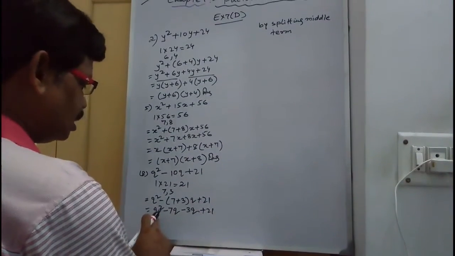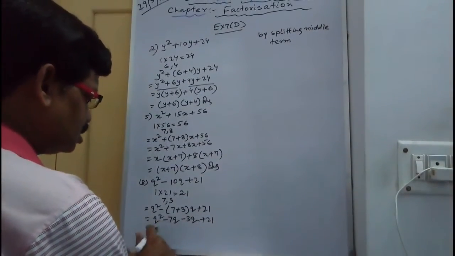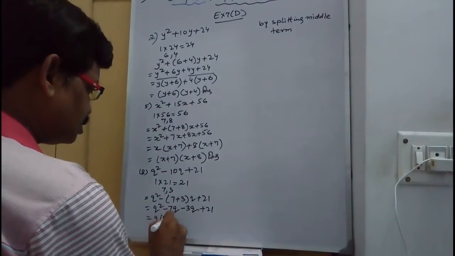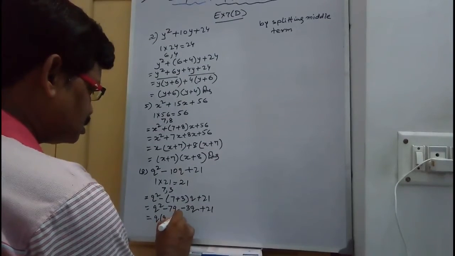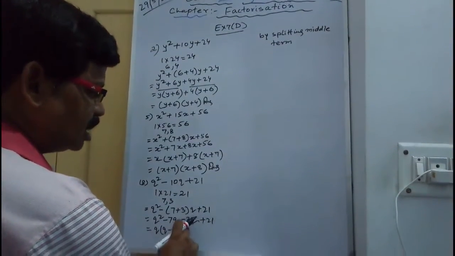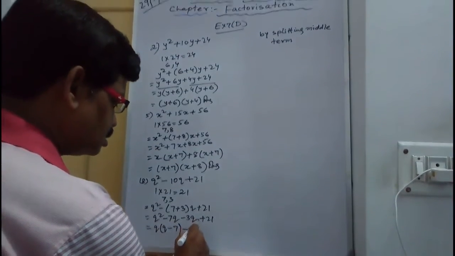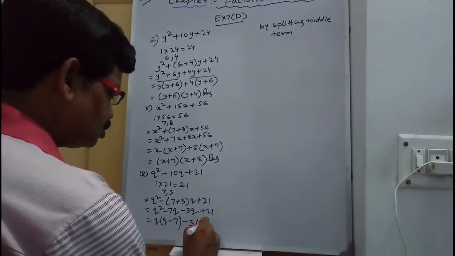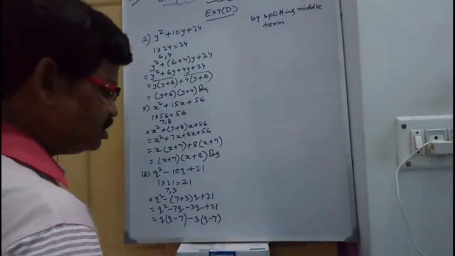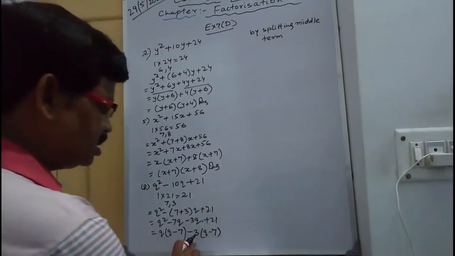Now the HCF of these two terms is q. From first q is left, from second 7. The HCF of 21 and 3 is 3. So q minus 7, because if you divide 21 by 3, the quotient is 7.